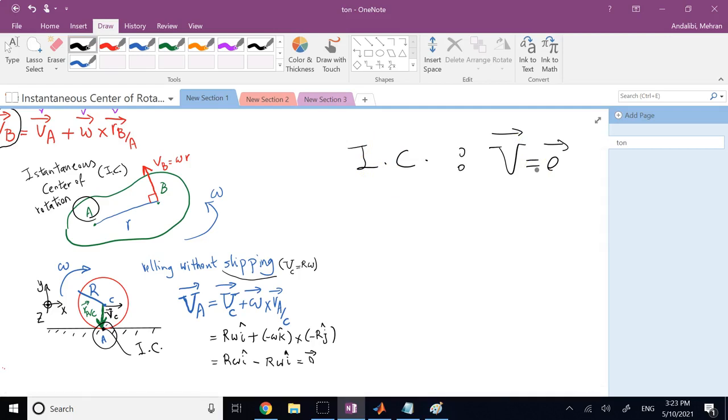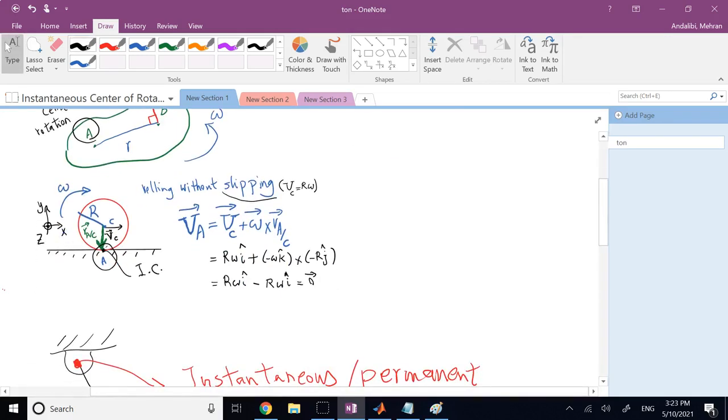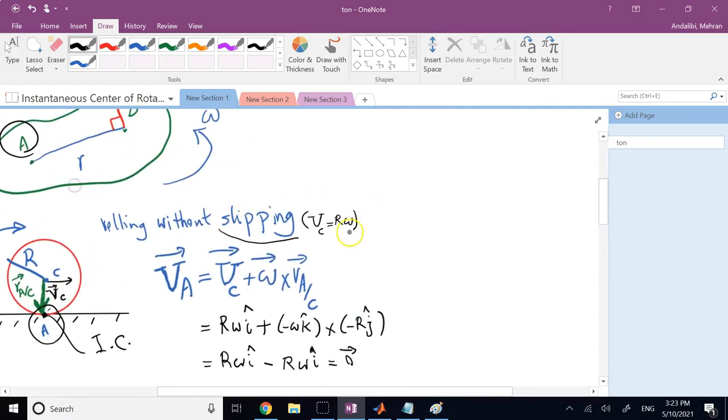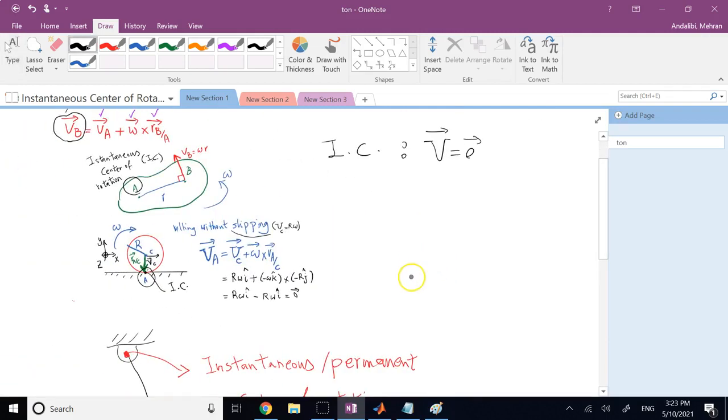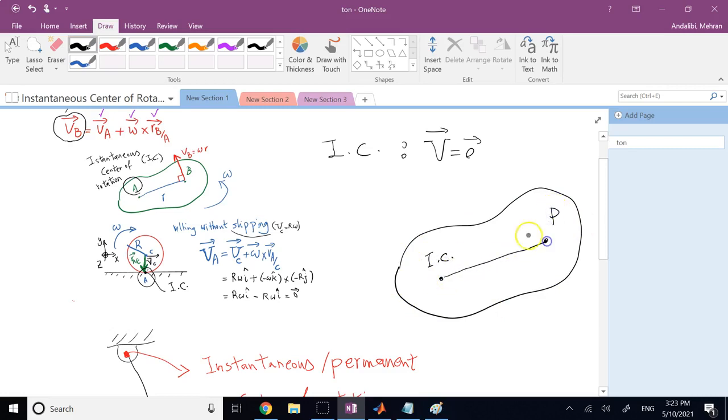If that's the case, then velocity of any other point on the rigid body can be calculated by multiplying. So if I have this rigid body and this is the instantaneous center, if I want to know velocity of any point like P, all I need is the distance from that point to the instantaneous center. So we can call it R of P. And then omega of the rigid body.